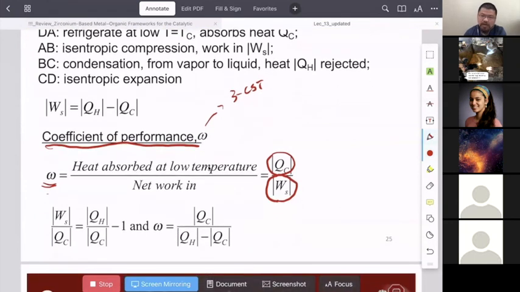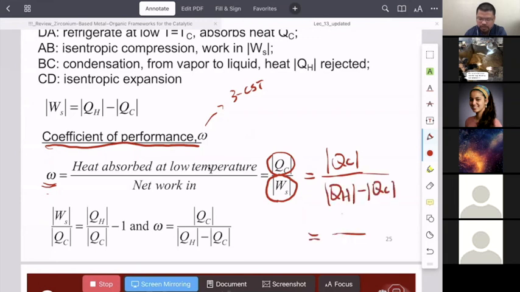Number two is if we try to follow the discussion of Carnot cycle, we understand that the heat and work can be replaced by simply their temperatures. So I hope this is not surprising that this should be QC, and this should be QH minus QC. This should be TC over TH minus TC.